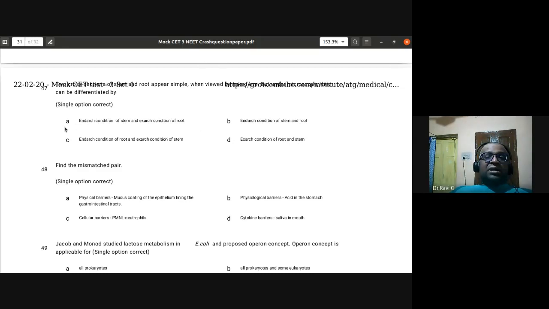So the first one is the right answer, endarch condition of stem and exarch condition of root. So for the 47th, the answer is A.